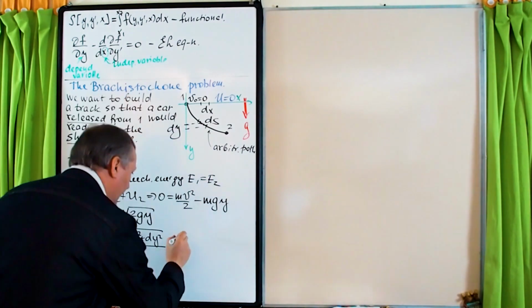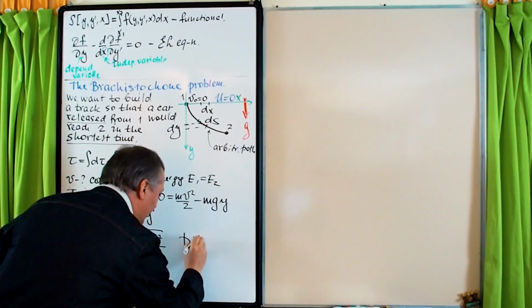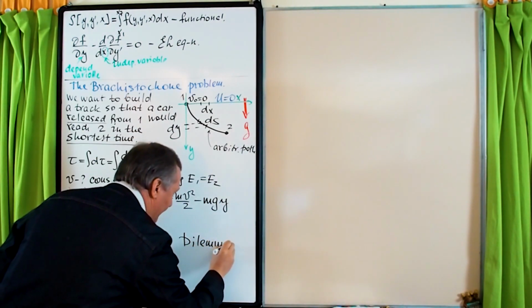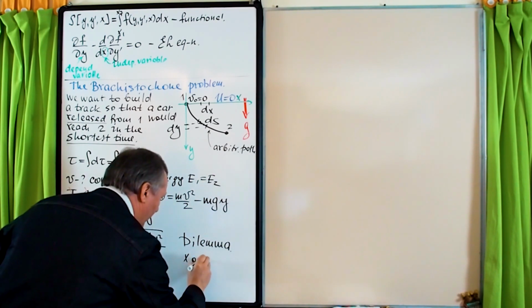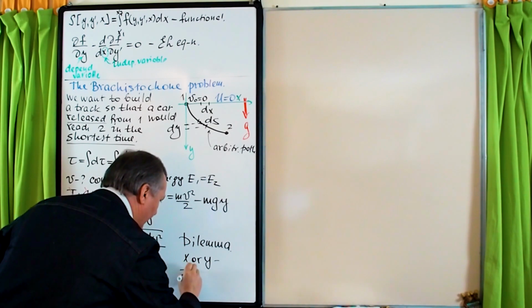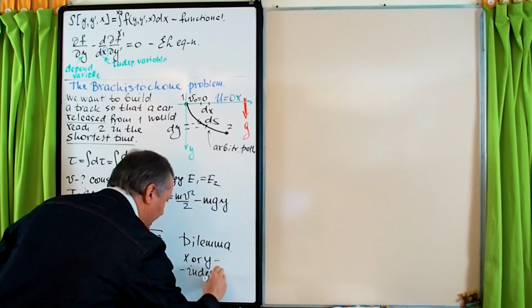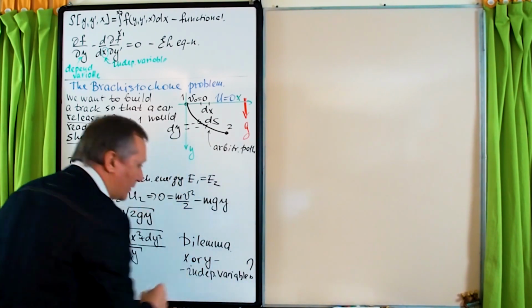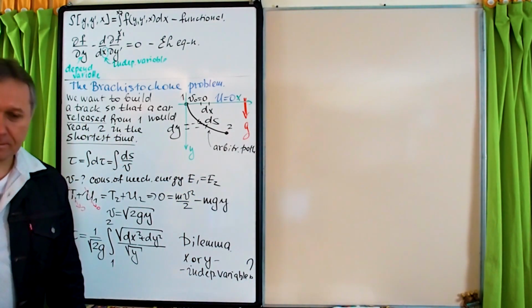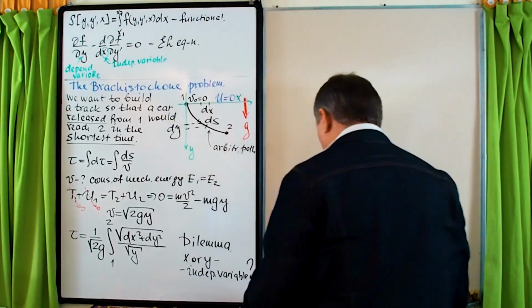So now we have a dilemma. X or y as an independent variable. And I will put a big question mark. Okay, so now let's look at both of them.